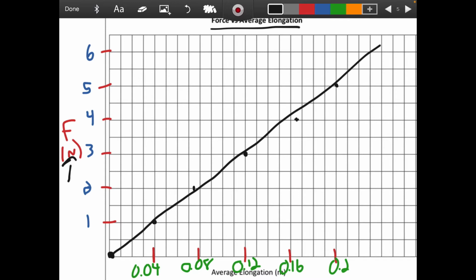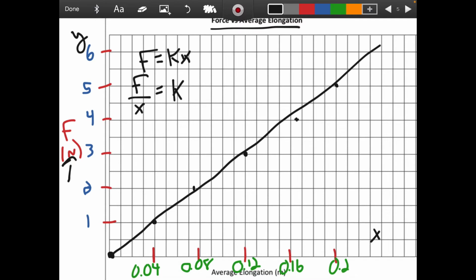So the way that you could find the spring constant of this spring, well, F equals kx. So if I were to rearrange this and solve for k, I would get k equals F over x. And here on the y-axis we have force, and on the x-axis we have x, or distance.